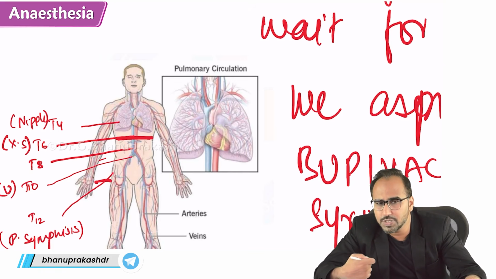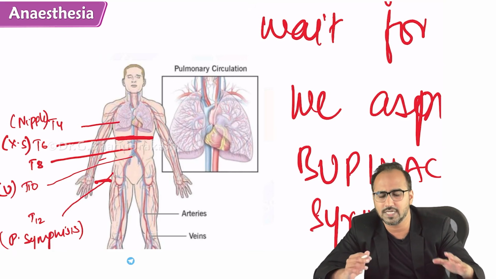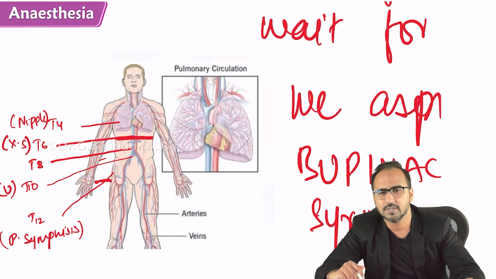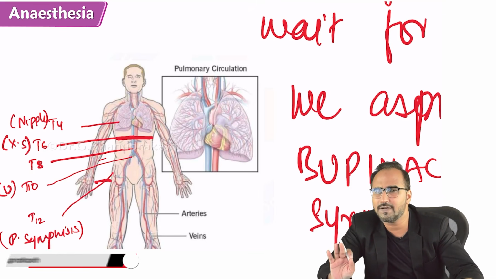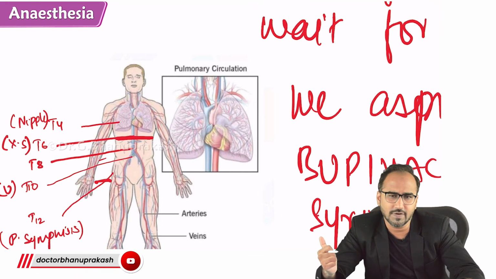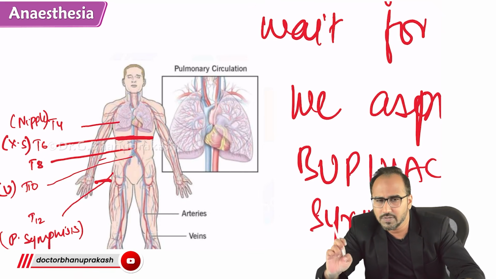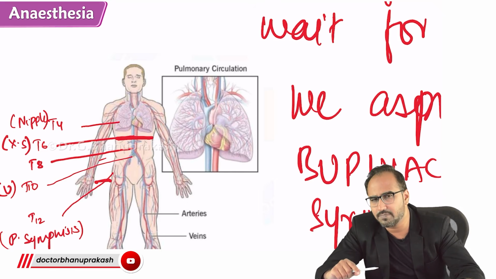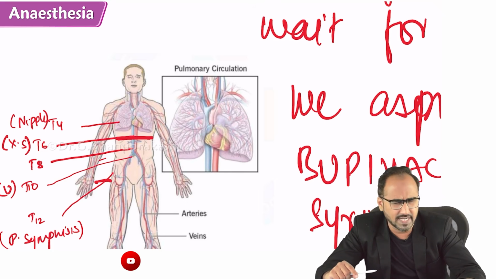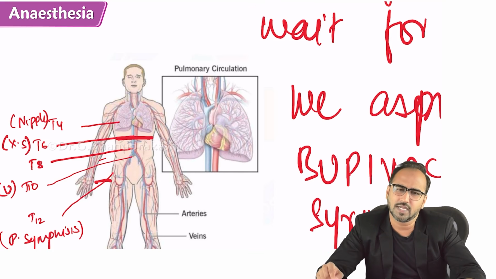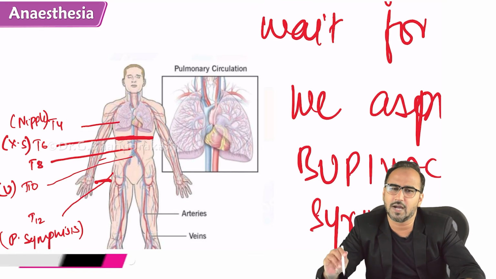High spinal means you have given spinal anesthesia and made the patient lie down. Your desired level was T6. Now you take your needle, scratch near the pubic symphysis, and ask the patient, is there pain? The patient is telling no pain, sir. Take the needle, scratch near the umbilicus.